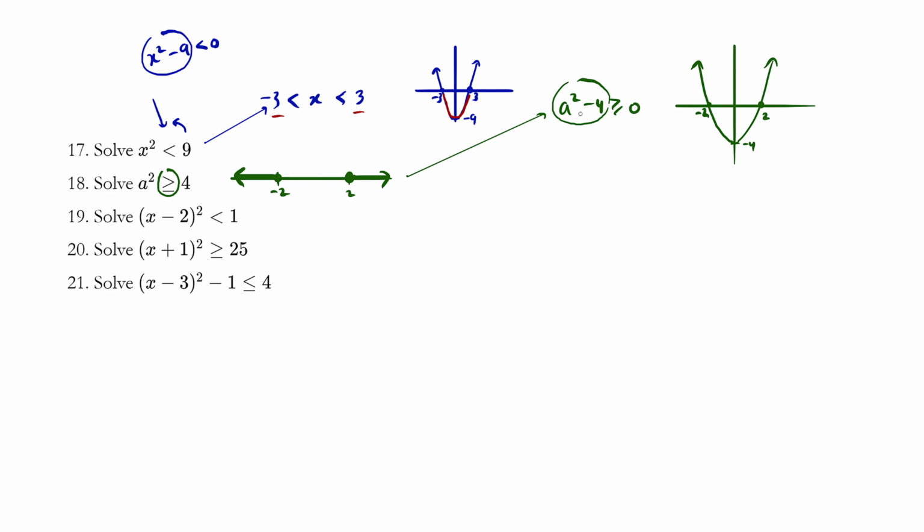And the question here is, when is the parabola above the x-axis? When is it greater or equals to the x-axis? And it's going to be true here. Step on this red line, and you realize that it goes only to the right or to the left, and there's a gap in the middle, which corresponds with this here. Only to the right and to the left with a gap in the middle.